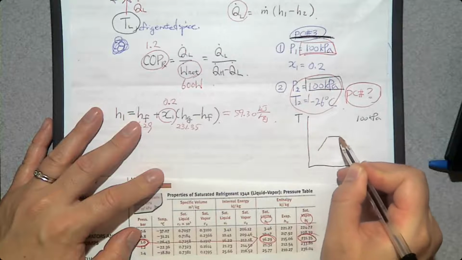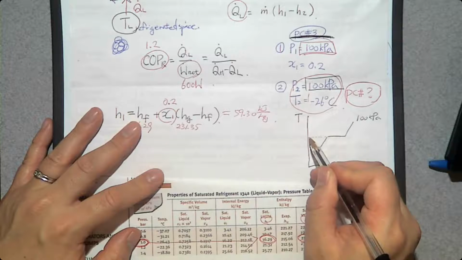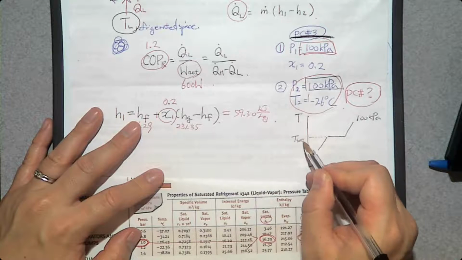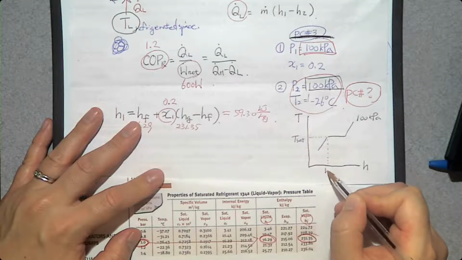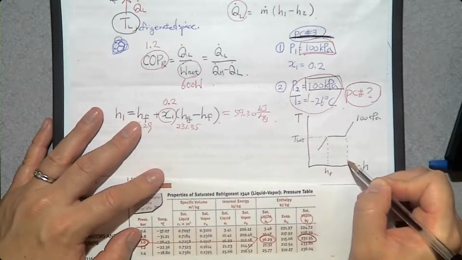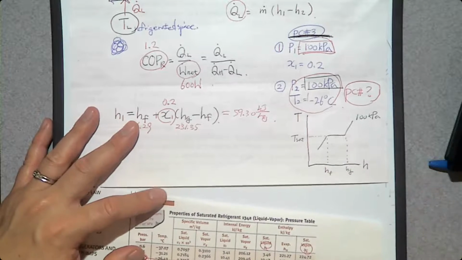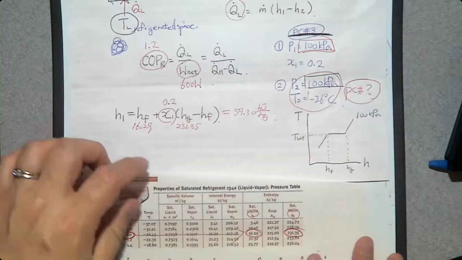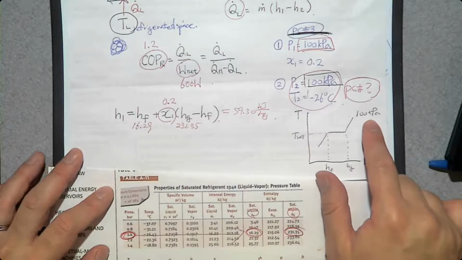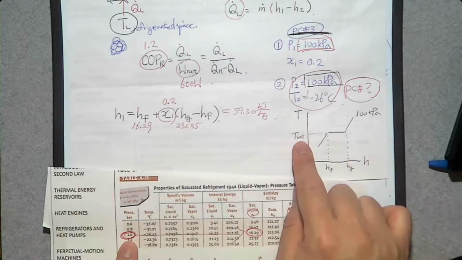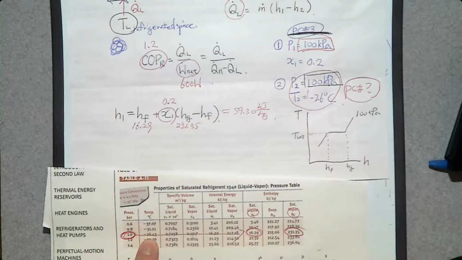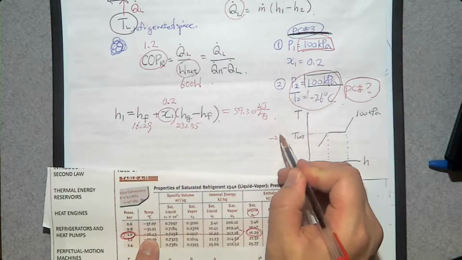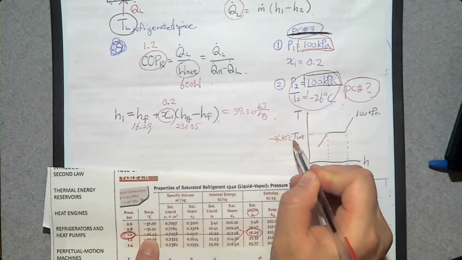The T-h diagram looks like this. And we need to know Tsat, hf, hg. Where can we find Tsat, hf, hg from this pressure? At 100 kilopascal, Tsat is minus 26.43 degrees Celsius.